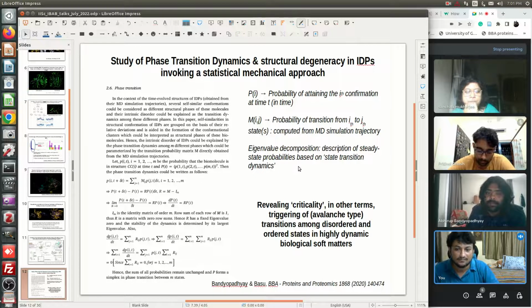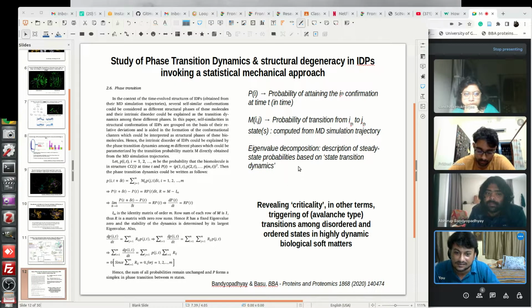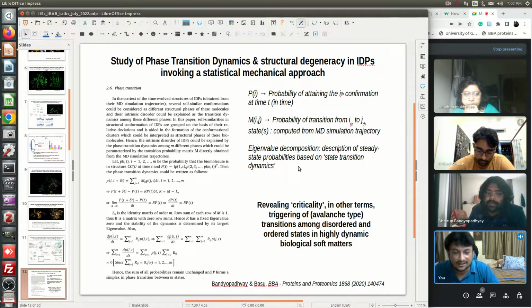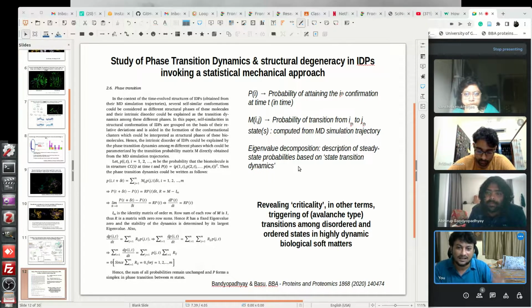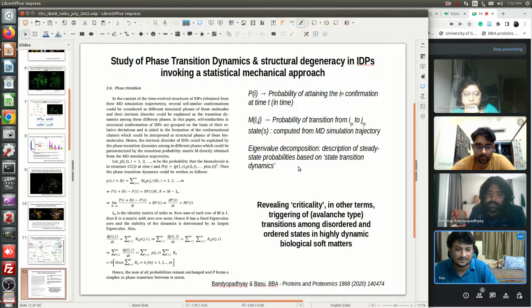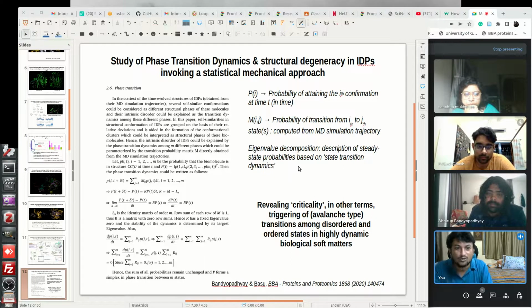He basically wrote these differential equations, and then we did eigenvalue decomposition to compute these matrices, followed by certain analysis which I am going to discuss.